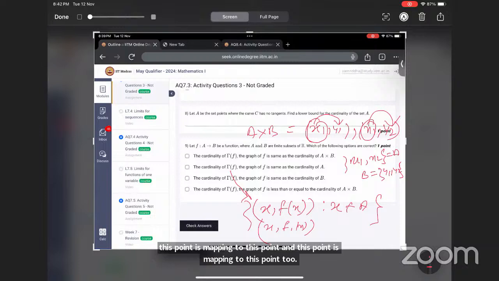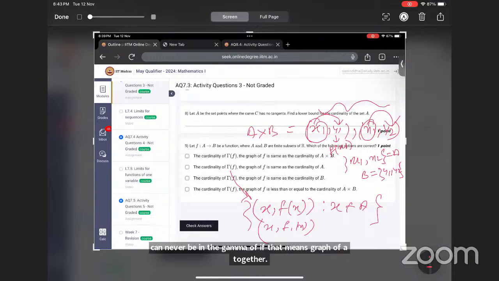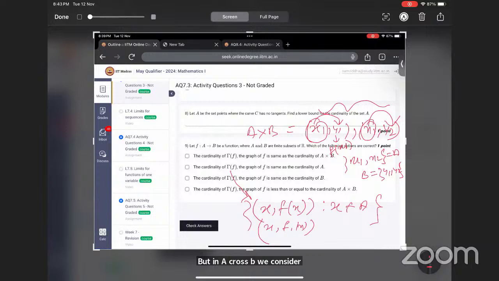I mean, we cannot map one point from the input to two different points, because f of x1 is unique. It cannot be y1 and y2 both. So these two points can never be in the gamma of f, that means the graph of f, together. But in A cross B, we consider all possible pairs.